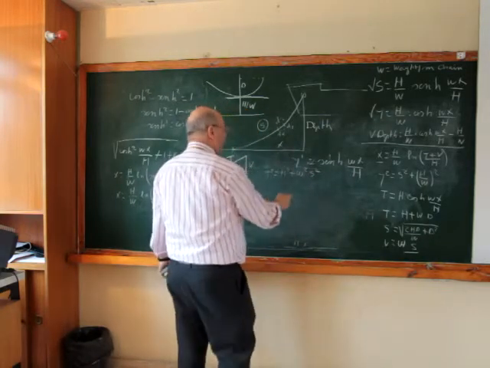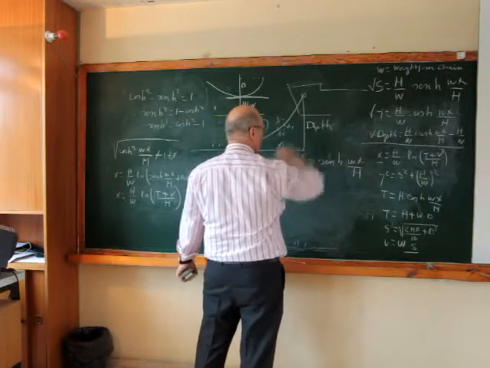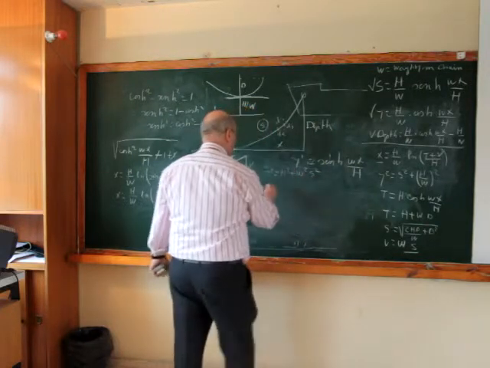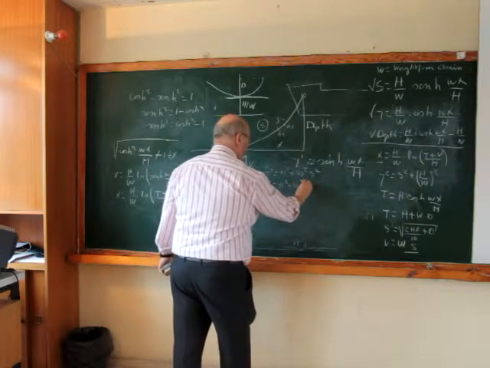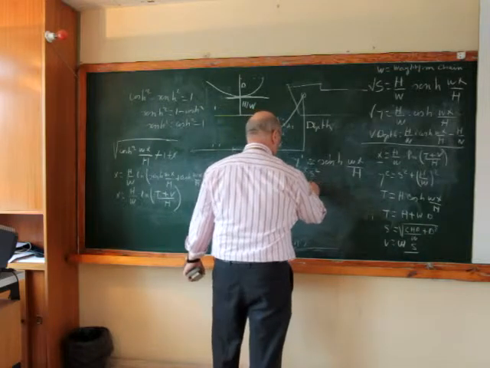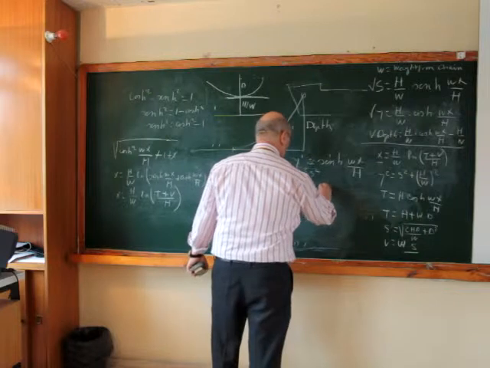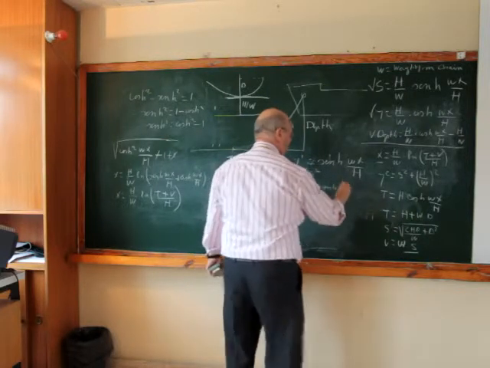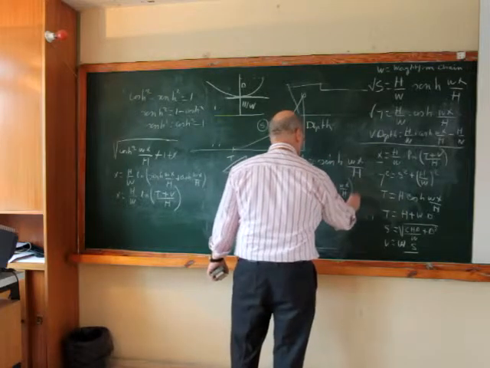So I'm going to substitute the value of S for the value over there. So T squared equals H squared plus W squared by H squared plus H divided by W times hyperbolic sine of Wx divided by H, squared.